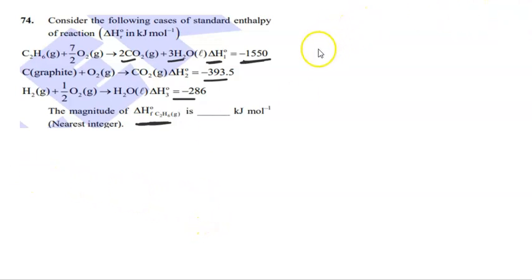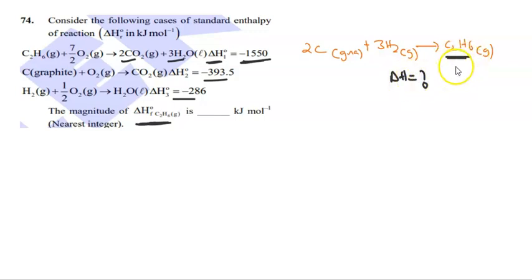Let us write the equation for the standard enthalpy of formation of ethane: 2C graphite plus 3H2 gas gives C2H6 gas. For this one, you have to find the value of delta H. This is the formation of 1 mole of ethane from its standard set of elements, carbon graphite and H2 gas. Now how to get this equation from these three equations?